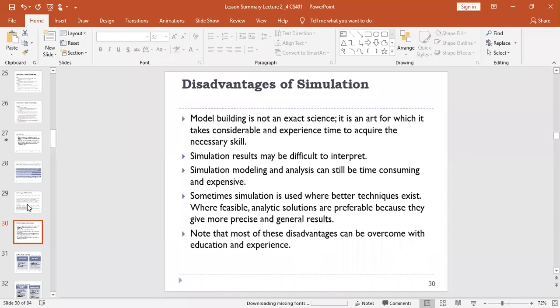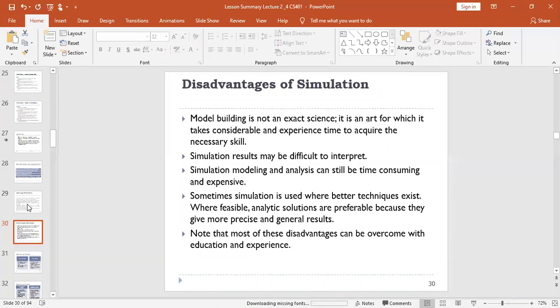And at times, building the model is not easy. If you even consider physical simulators like computer games, your FIFA 2019, it takes very experienced guys to put these things together.